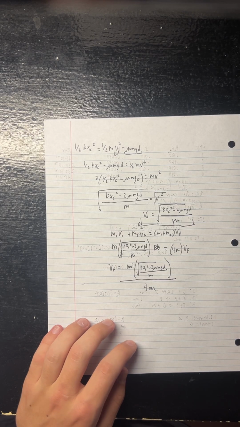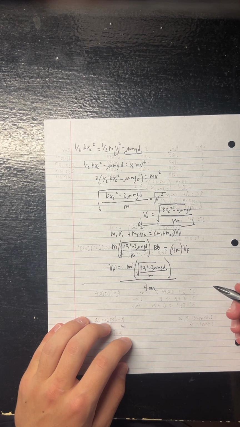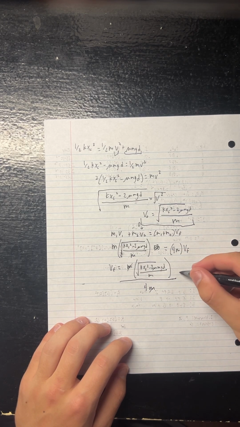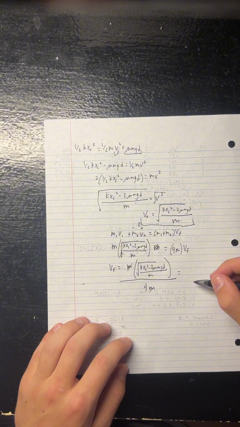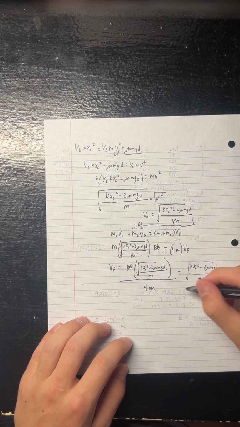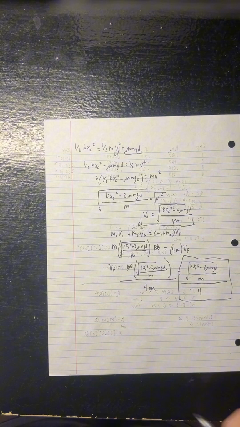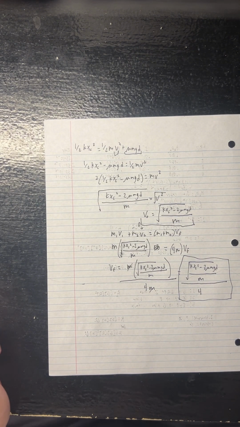We can simplify it even more, cancel this and this out, and we get our final VF equals root of kx_c squared minus 2 mu m g d over m, over 4. Boom. And that is how to algebraically isolate for VF or VAB.